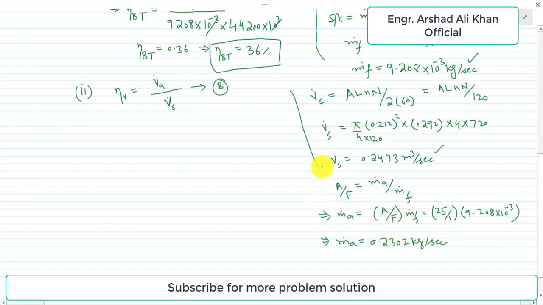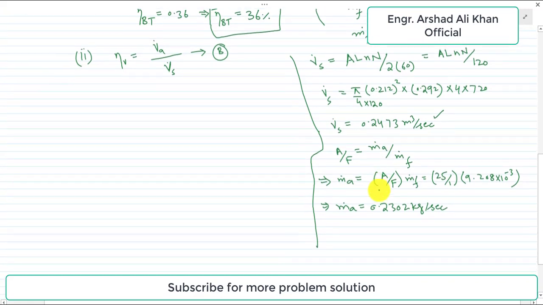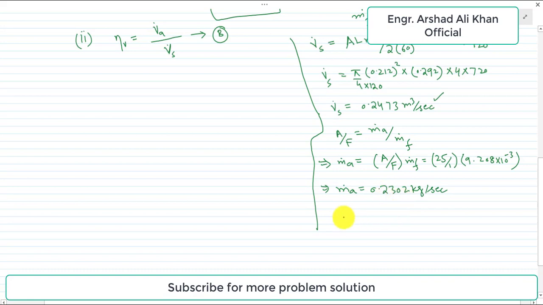Now further, to find the value of volume flow rate for air using the perfect gas equation, P V dot is equal to m dot R T. For air it will become A in subscript.